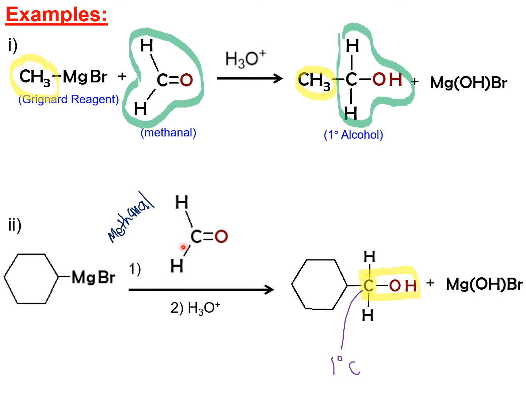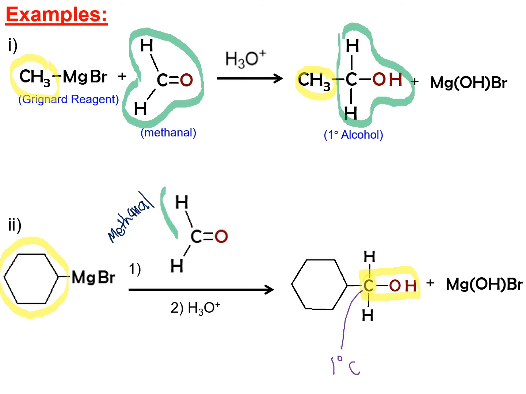So again, if this is your Grignard reagent, if let's say you tak tahu macam mana dia nak form this kind of product, you identify the alkyl group at your Grignard reagent. Because why? Because this alkyl group dia akan bercantum dengan hydrolyzed methanol.